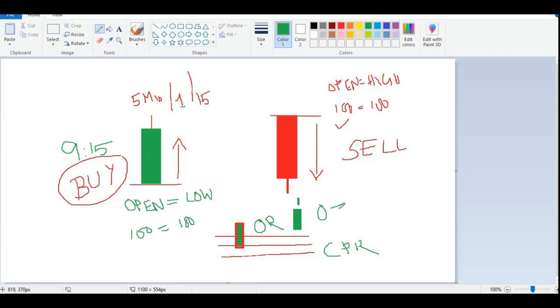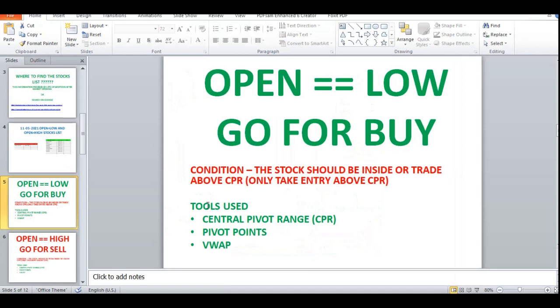This is called open is equal to low. The conditions: the stock opens inside the CPR or above the CPR. Only take entry above CPR.